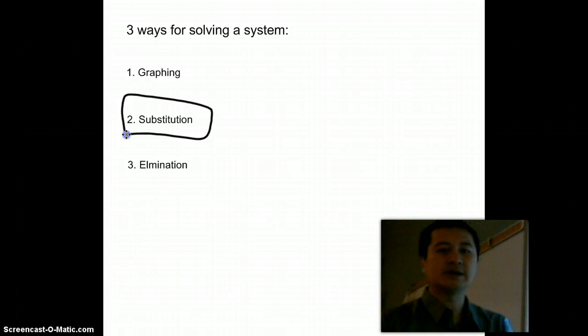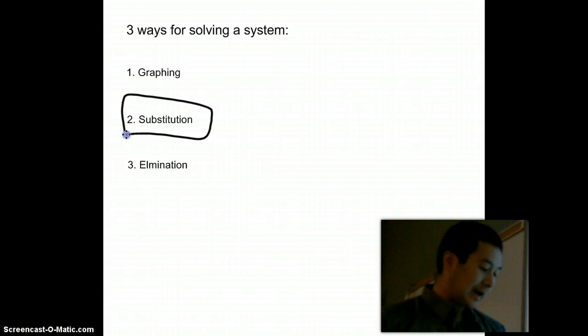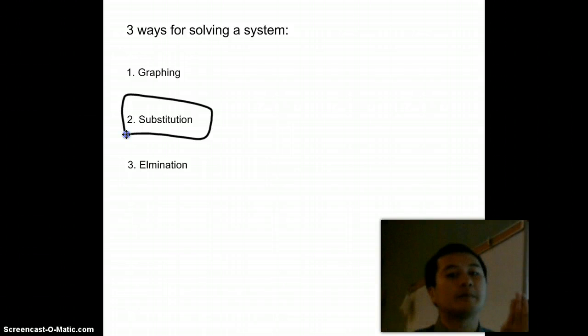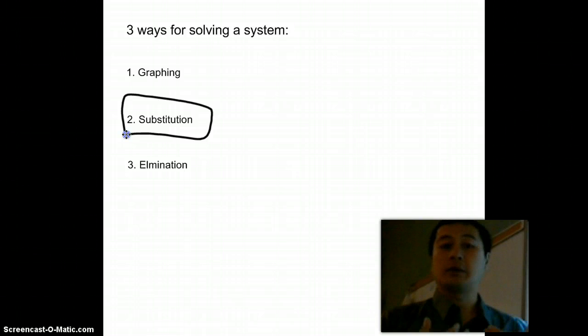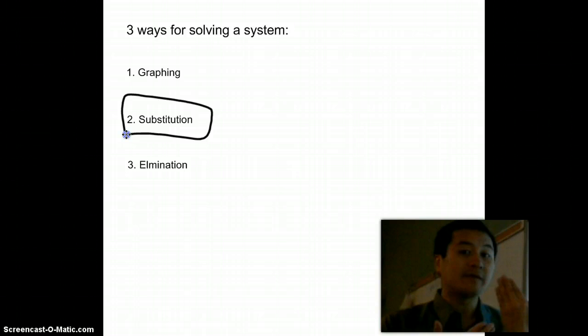So let's work on substitution. Before we do, let's talk about the idea of substitution. A lot of times I tell you after you finish a test, substitute the answer back in. Plug it back in to see if you get the right answer. That's the idea of substitute. Substitute is replacing something with something else. For example, if I'm absent, like on Wednesday, someone would have to come and replace me. That's called a substitute. Someone of equal value comes in and takes my spot.